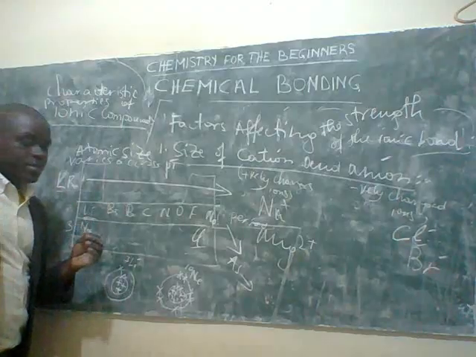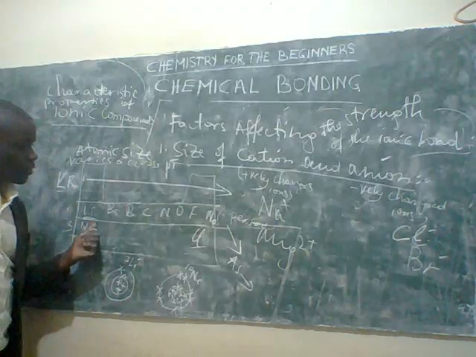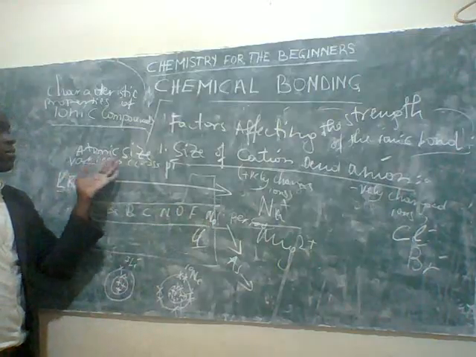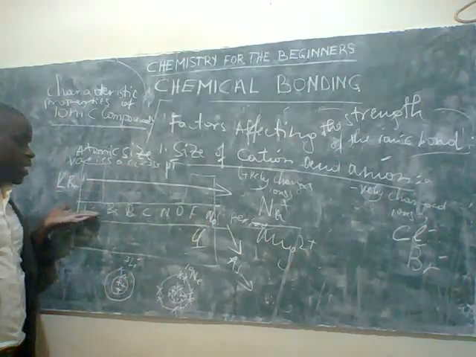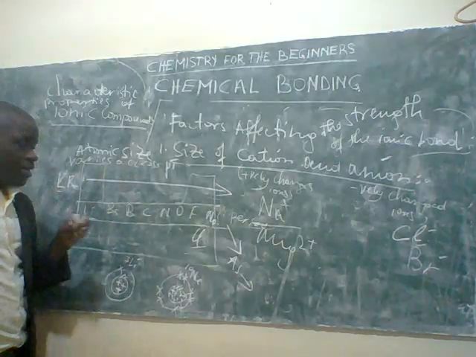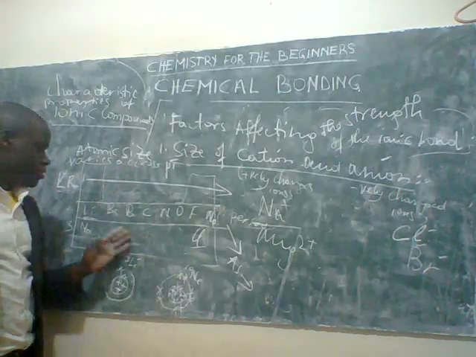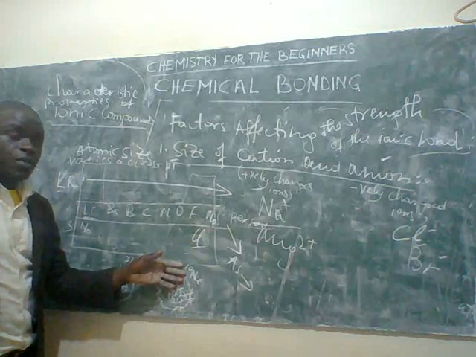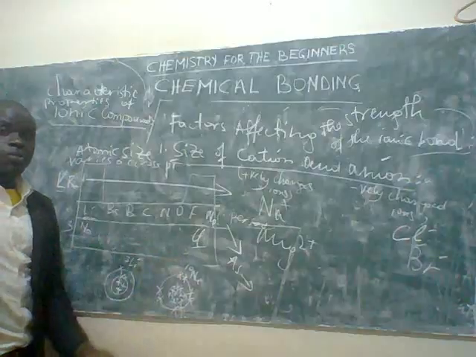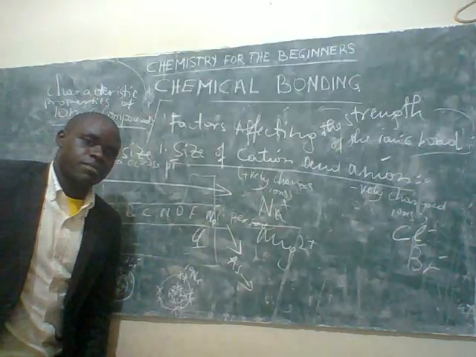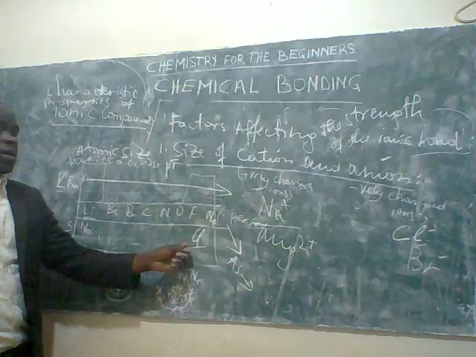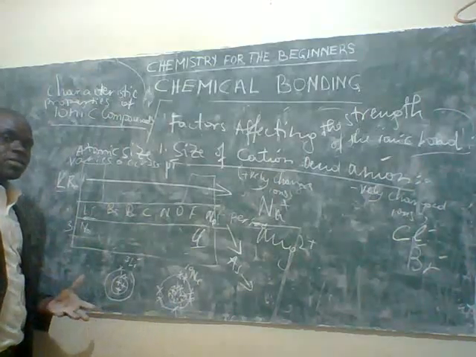We always ask questions depending on the same period. If they are asking you how it varies, you explain it depending on one period. We don't jump periods, because when you are comparing two atoms in different periods, you have to do some experiment or research to see which one is bigger.